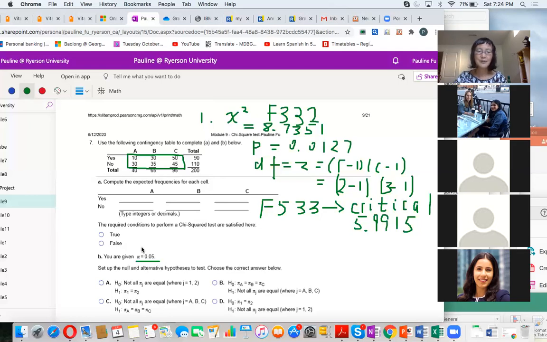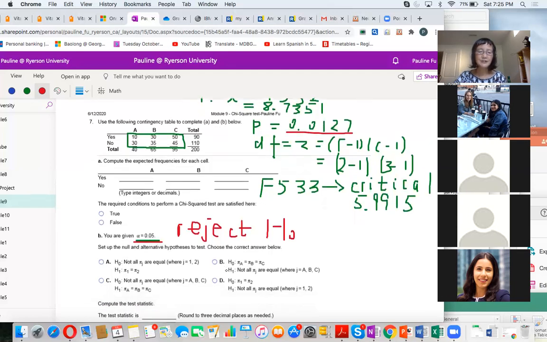For this example, if you use the p-value method, you compare the p-value with alpha. When the p-value is smaller than alpha, reject H0. So this is our conclusion: reject because the p-value is smaller than alpha. And then what is my H0? It is here.